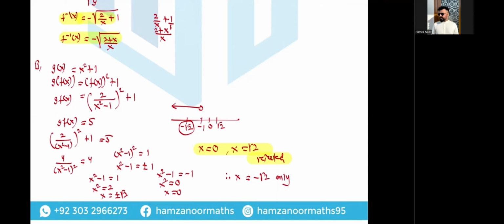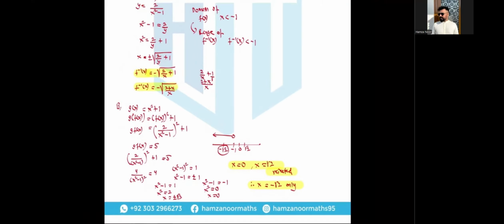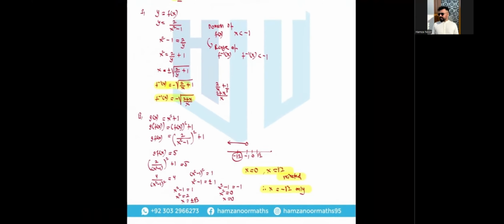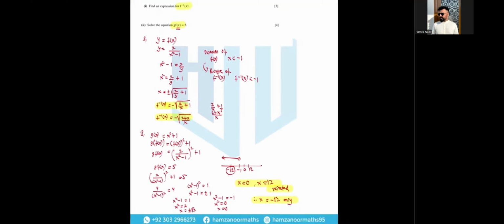Not all values would be acceptable whenever we are solving equations related to composite functions. So we need to consider the domain of the inner function always. Okay, so x is equal to −√2 is your only acceptable answer.